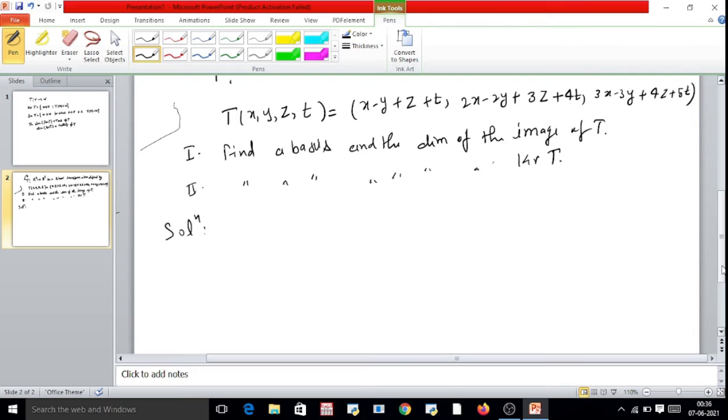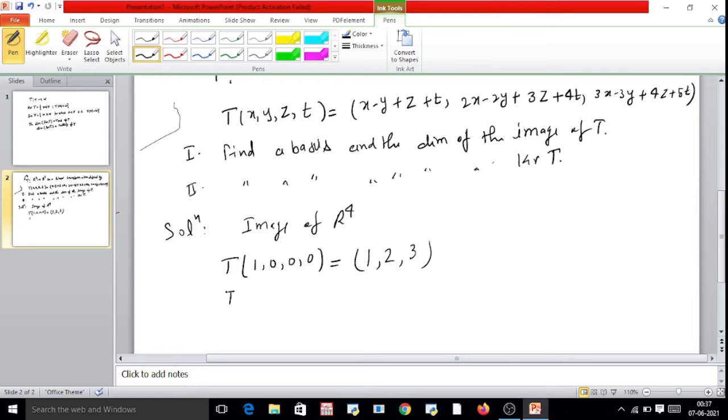So to find the image of R4, we proceed as follows. First write T of (1, 0, 0, 0). From here we get 1, then from the second value here we get 2, then from here we get 3.